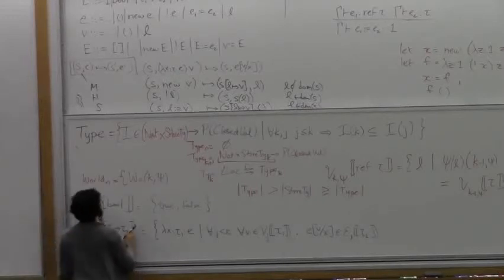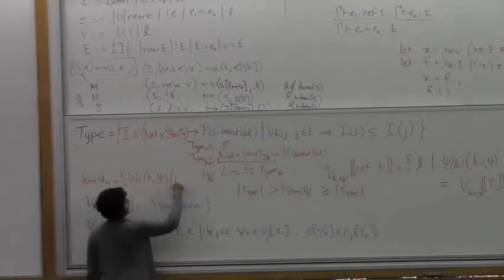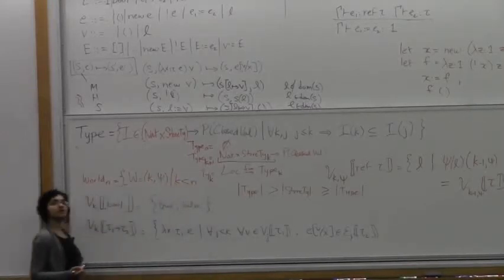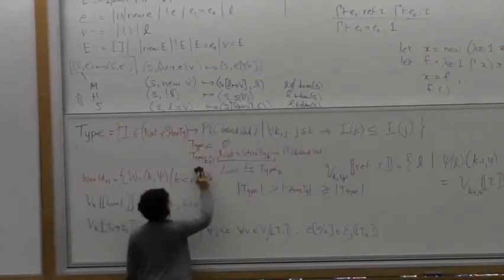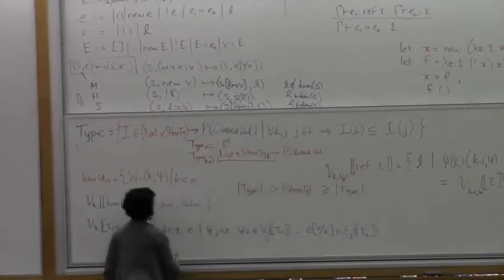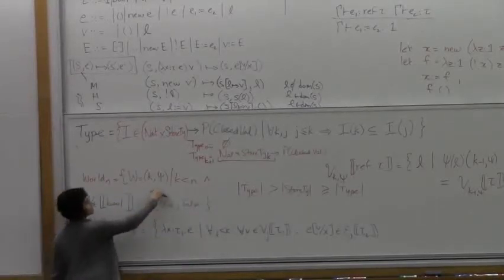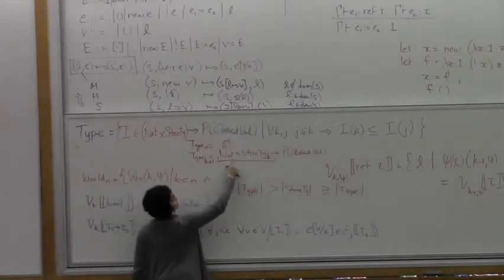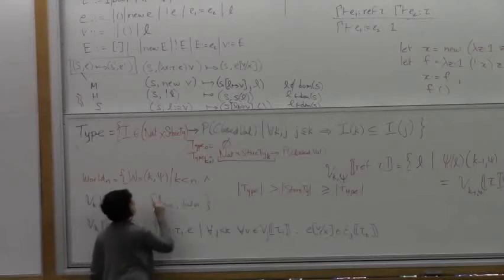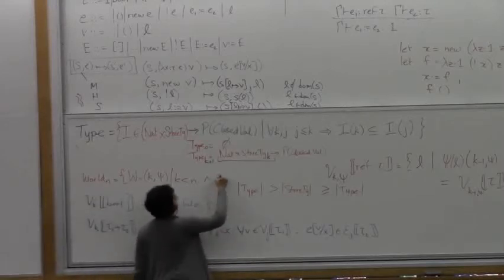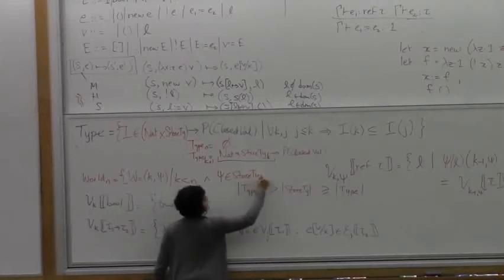Okay, so worlds at level n only contain k's that are strictly smaller than n. And then we need to say something about this psi. This psi only needs to be drawn from this k. So there's a sort of dependency here, right? So psi belongs to store type k.